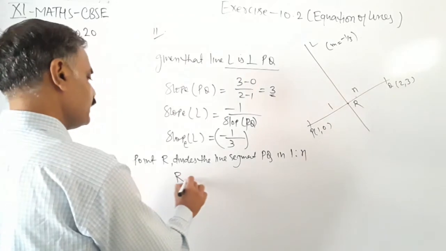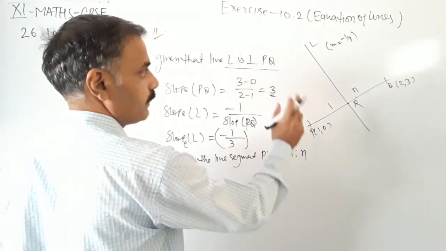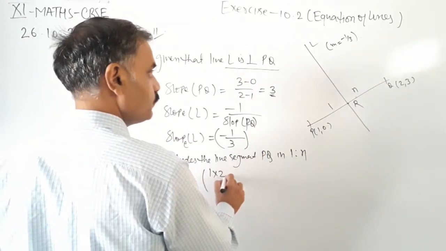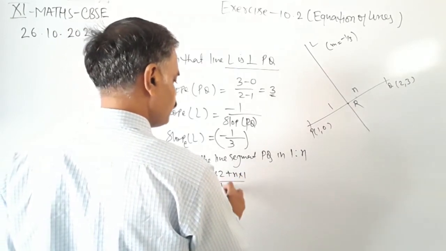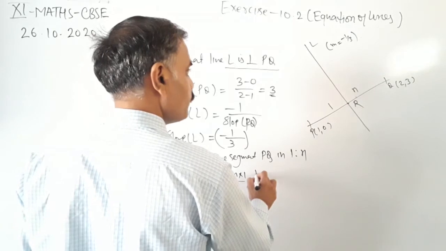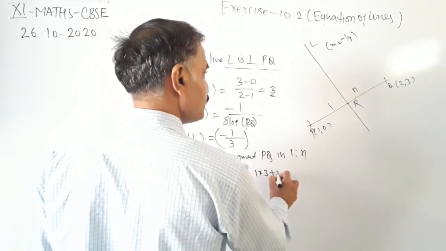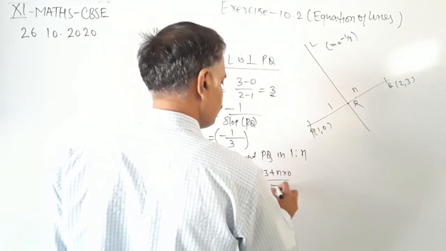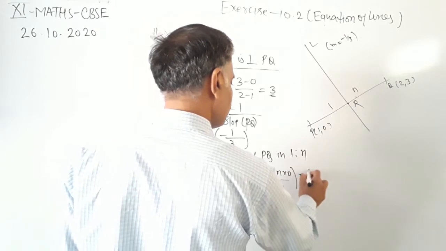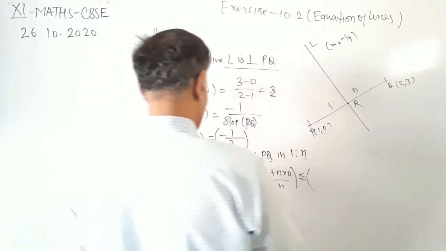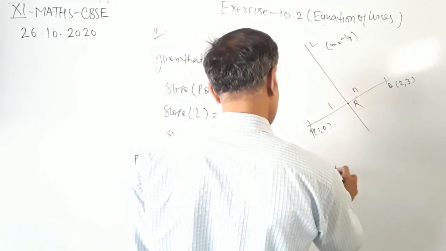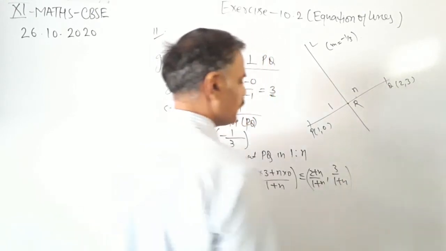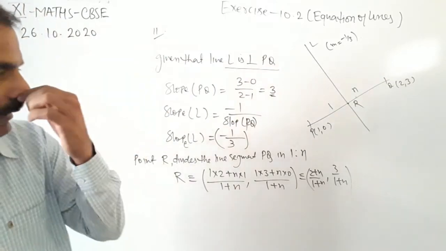By this information we can find the coordinates of point R. So point R is (1 into 2 plus n into 1 upon 1 plus n, 1 into 3 plus n into 0 upon 1 plus n). So the coordinates of point R are (2 plus n upon 1 plus n, 3 upon 1 plus n).